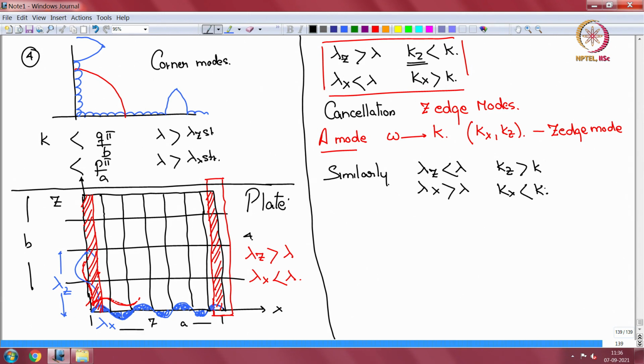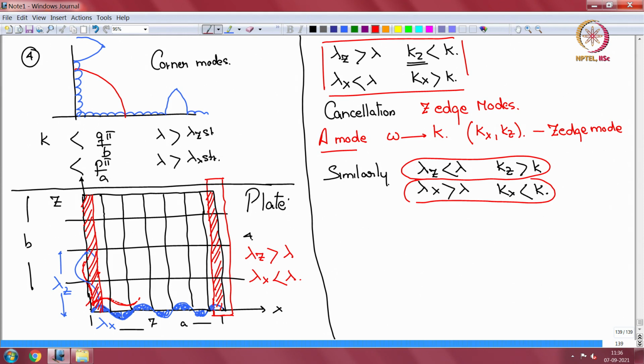That means here we are below coincidence with respect to the z modal wave number, but with respect to the x modal wave number we are above coincidence.